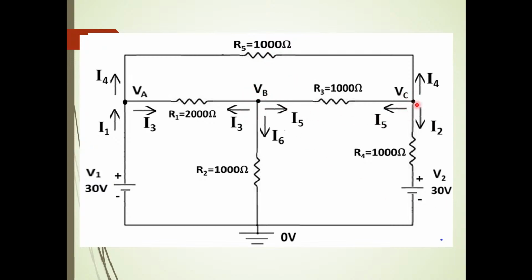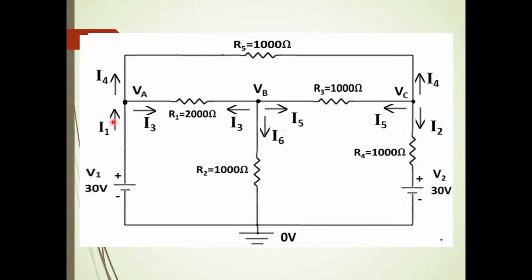Similarly at node C, I have assumed all the currents leaving. Your wish, at all nodes you can assume all the currents either entering the node or all leaving the node.